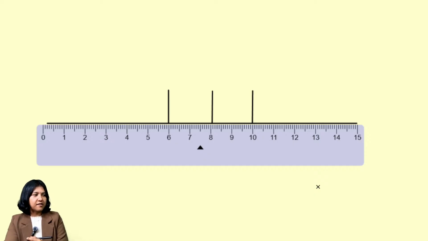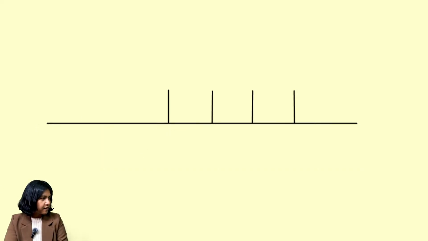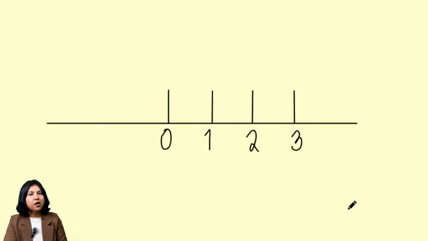So this is equivalent to 2 units here, right? And let me draw 3 units again. So let's say this is 0, 1, 2, 3.